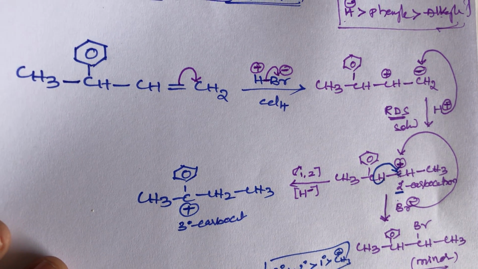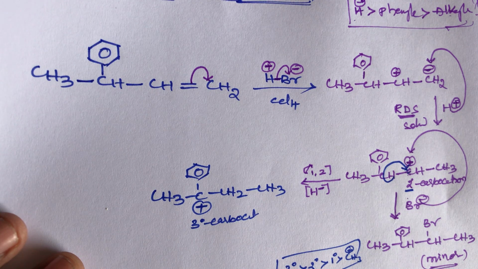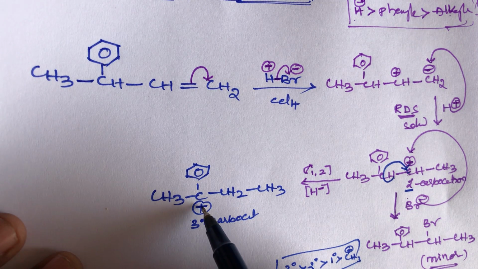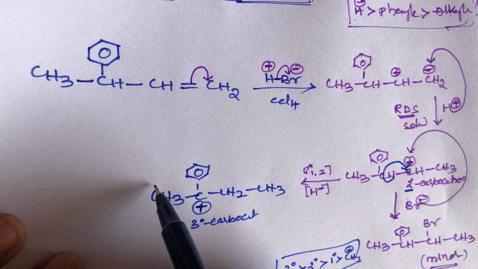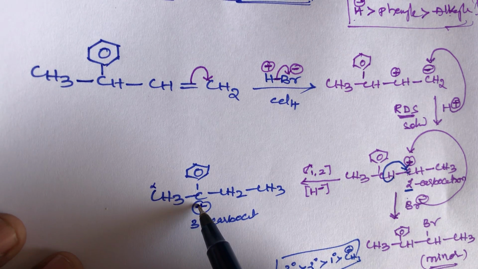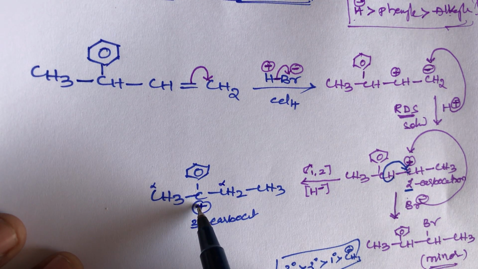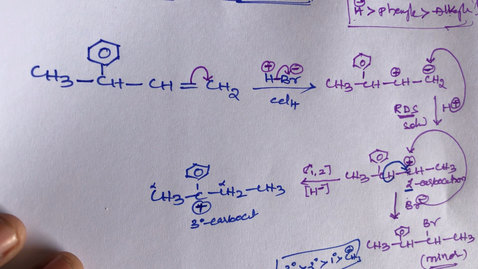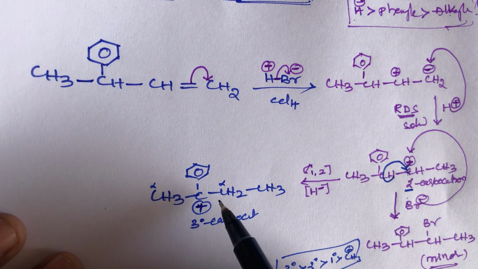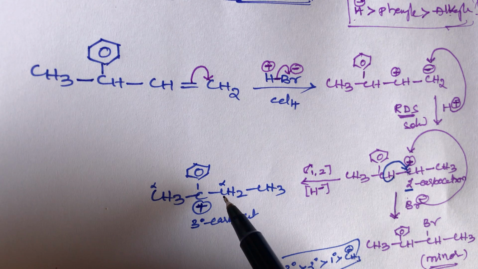How to calculate hyperconjugation? We already discussed in the previous video. Hyperconjugation depends on the number of alpha hydrogens. The carbon beside the positive charge is called the alpha carbon, and this one on the right side is also an alpha carbon. So beside the positive charge two alpha carbons are there, with 3 hydrogens on the left side and 2 hydrogens on the right side, total 5 alpha hydrogens.